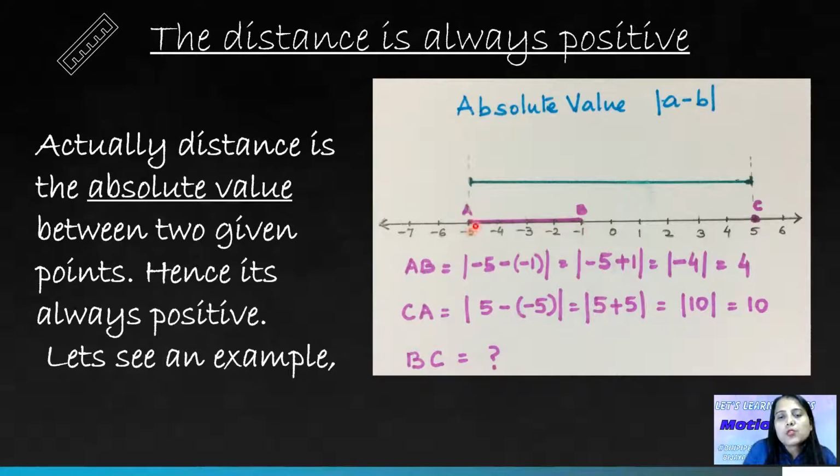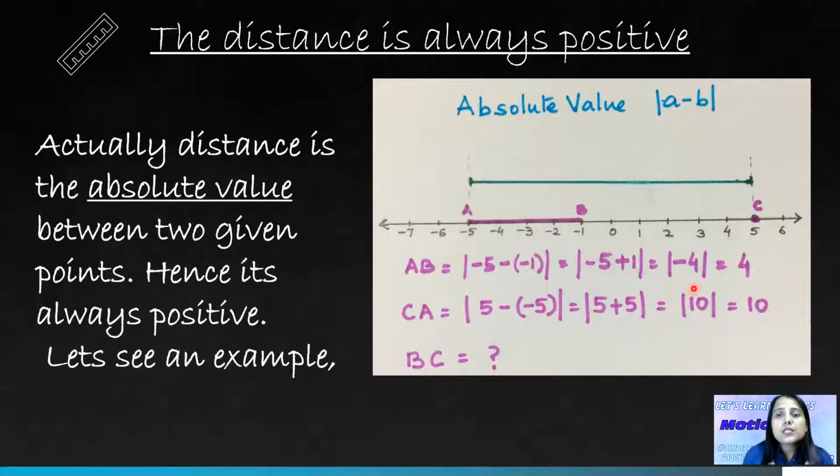Now if you are asked to find the distance between A and B, you have to write -5 minus (-1), because it is asking you to find the distance between two given points. So we have to subtract initial from final or final from initial. So we write -5 plus 1, that is -4.